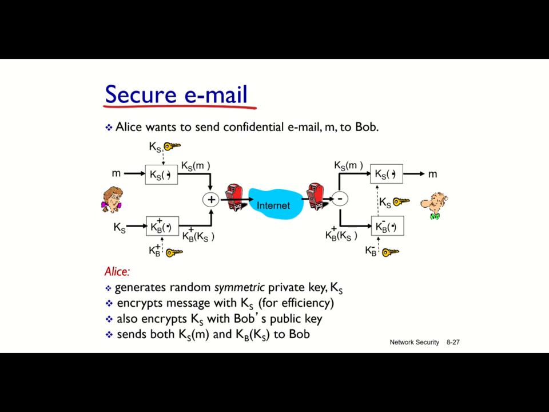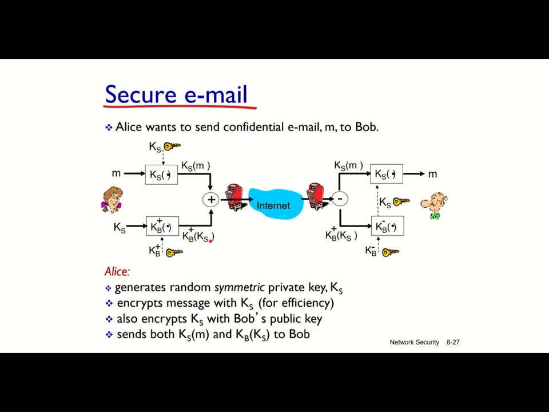So Alice has to share this key along with the message that she wants to send. In order to share the key KS with Bob, Alice has to also encrypt that key itself. So Alice uses Bob's public key, which is KB plus, and applies it to the key KS.